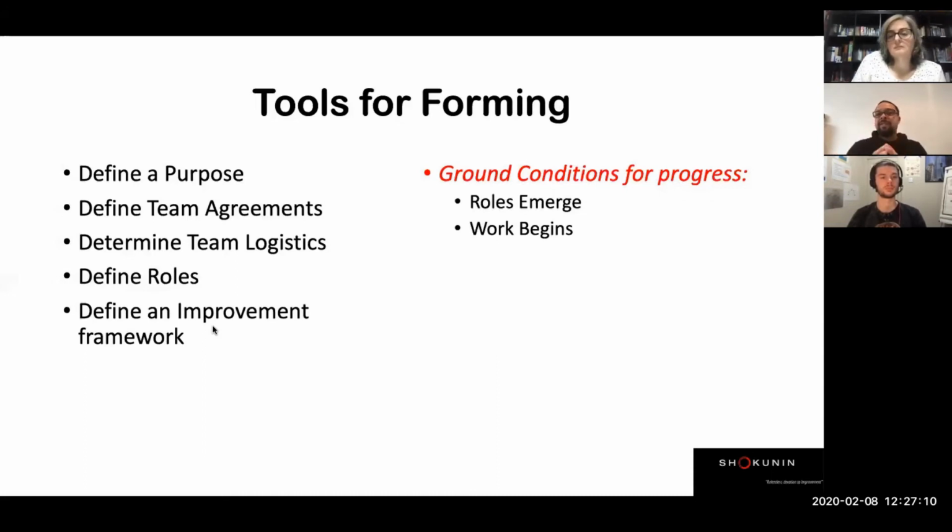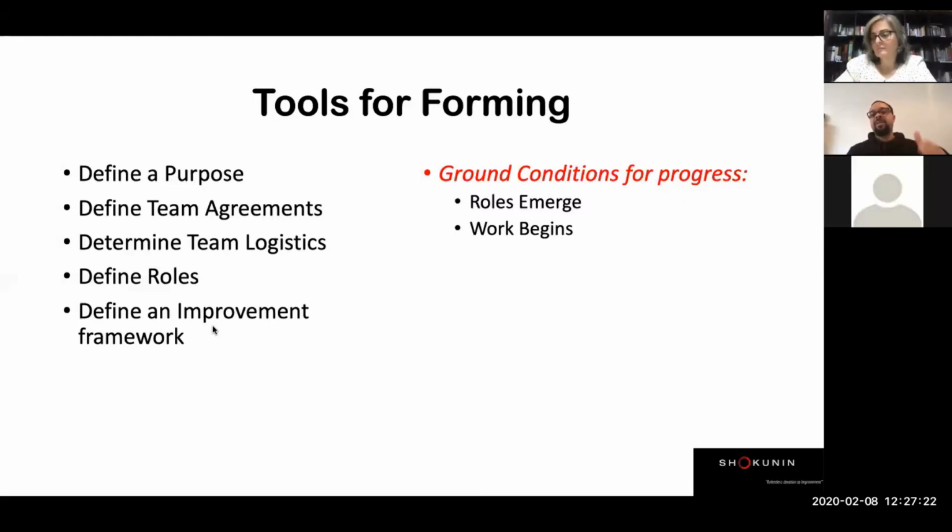Beyond just, let's take a look at the work, let's take a look at what our purpose is. Can we actually start diving into the work? And I tend to recommend at least getting some notion of those tools, defining purpose and agreements and logistics and roles, before we go really, really heavy into the work.